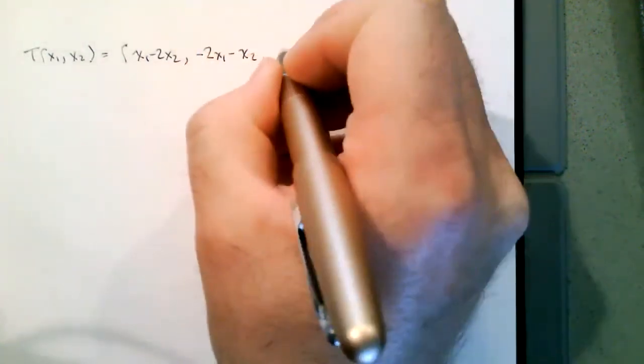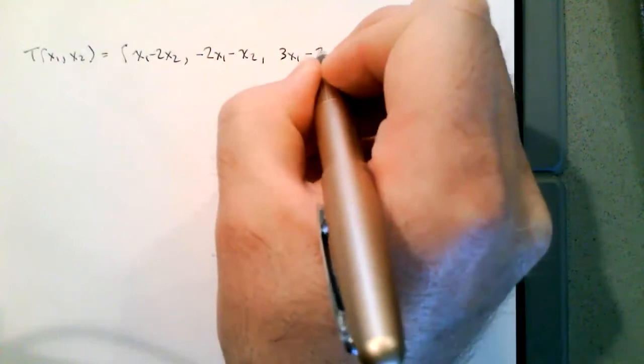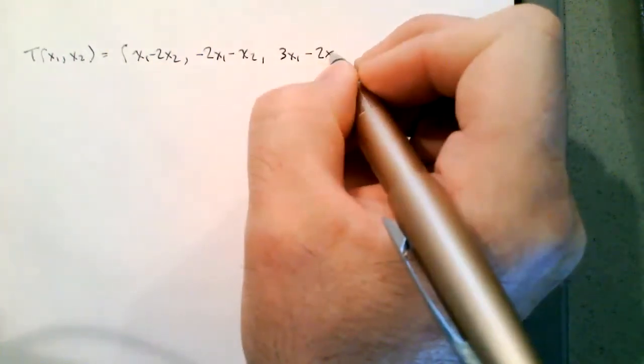So the claim is that T of x1, x2 is equal to x1 minus 2x2, minus 2x1 minus x2, and 3x1 plus 2x2.